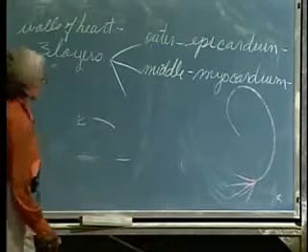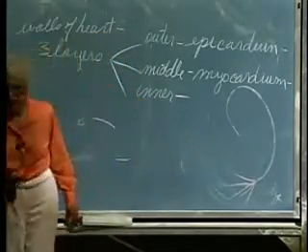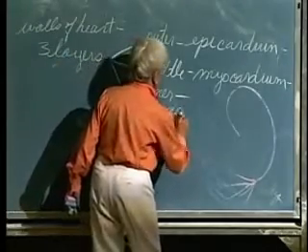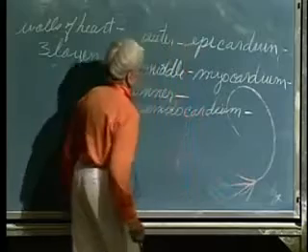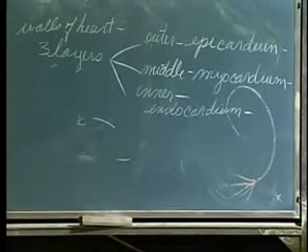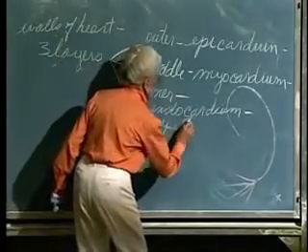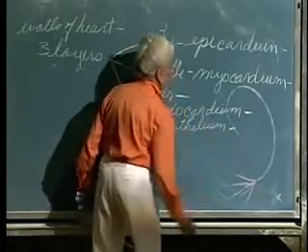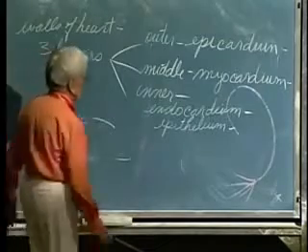We'll just leave it at this. And then the inner is called what? Endocardium. Endocardium. So we'll see that it's a type of epithelium. They call them endothelial cells specifically, but it's a type of epithelium again.